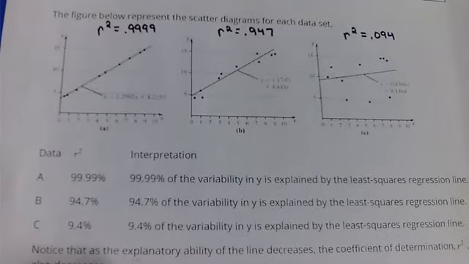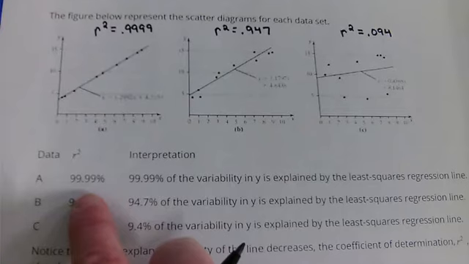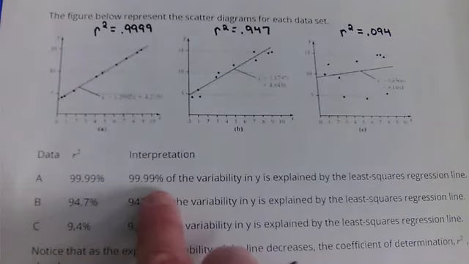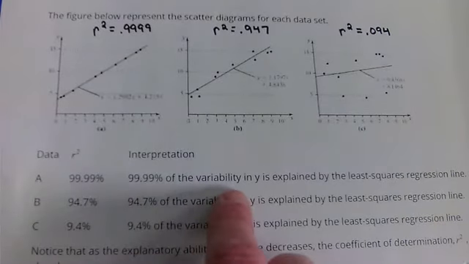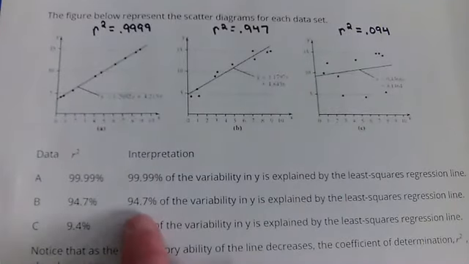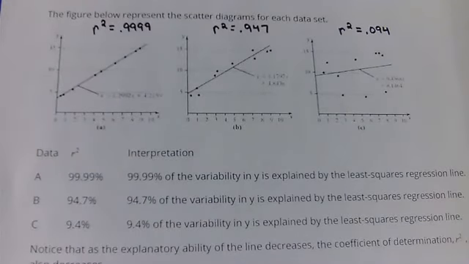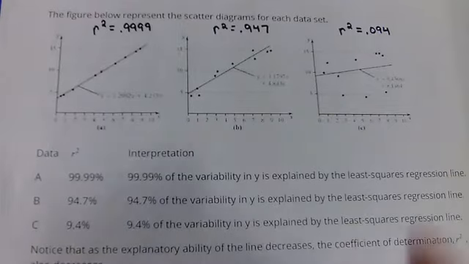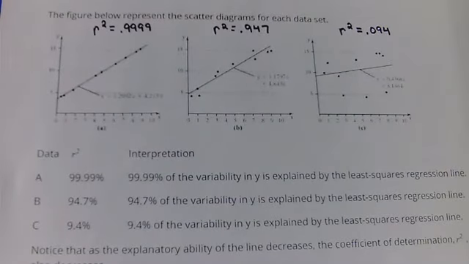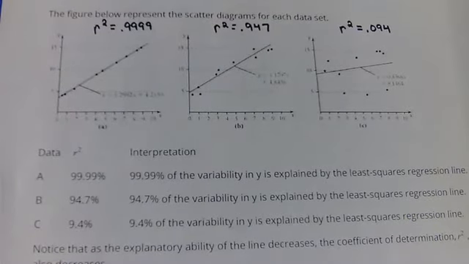So the way we interpret those R squared values is that on data A, 99.99% of the variability is explained by the regression line. On the second one, 94.7% of the variability is explained by the regression line. The last one, only 9.4% of the variability is explained by the regression line.